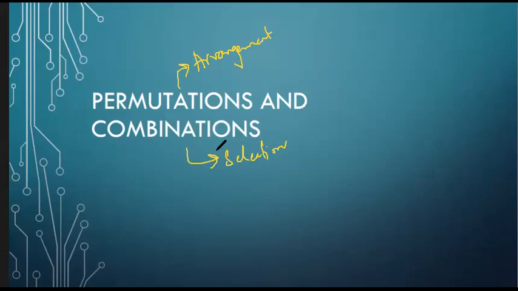So basically, whenever we are speaking about counting problems, they can be solved by finding the number of ways of selection, or by taking the number of arrangements of objects. Now first we will see the permutation. Permutation is basically an ordered arrangement of a set of distinct objects.